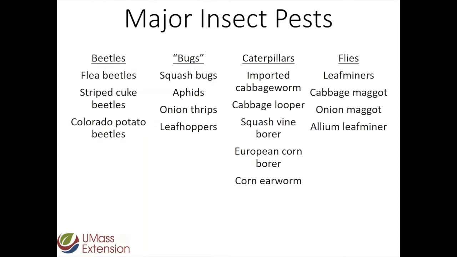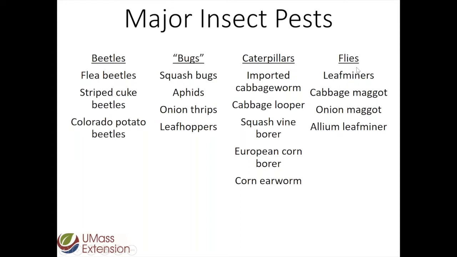Here's a long list of vegetable pests that are broken down into these different groups based on the type of insect and also the way that they feed. We've got beetles, bugs, caterpillars, and flies.